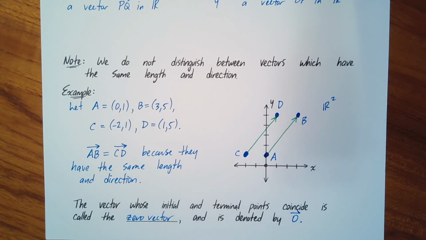But it turns out that these two objects, the vector whose initial and terminal points coincide, the zero vector, and a column matrix consisting entirely of zeros, really aren't different at all. That's what we'll see as we move forward. So it's no coincidence that the notation is the same. So that's the zero vector.